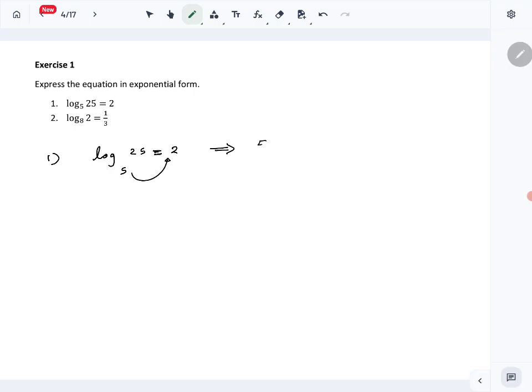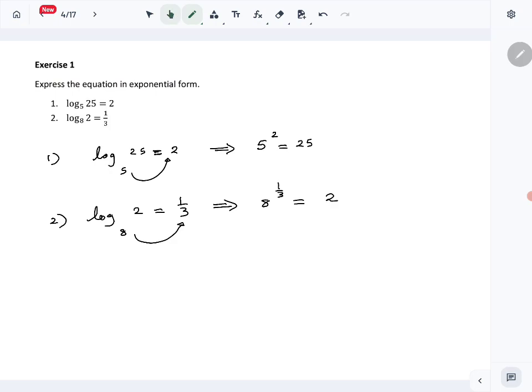So 5 squared is equal to what is inside? 25. Very simple. Next one, log base 8 of 2 equals 1/3. So 8 raised to 1/3 is equal to whatever number is inside of the log, which is 2.